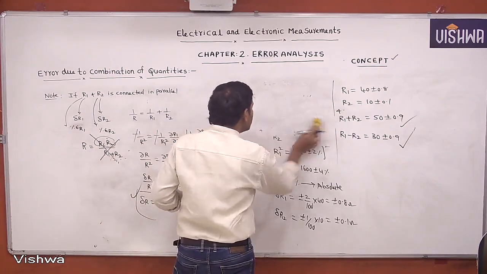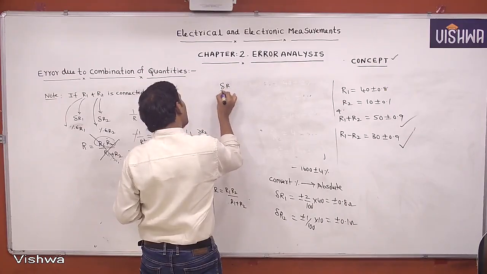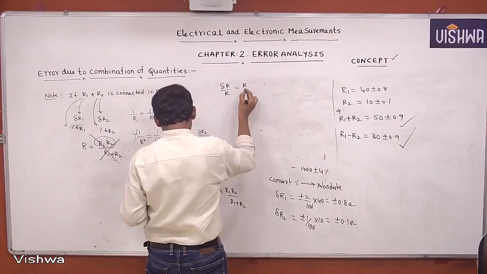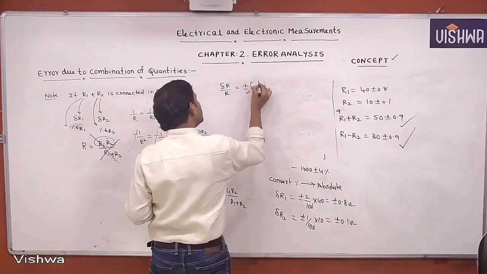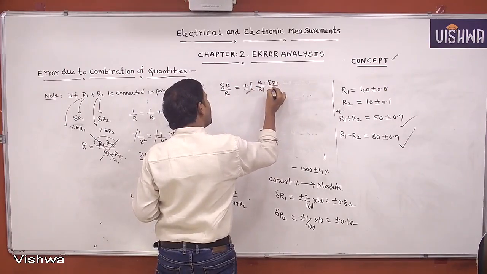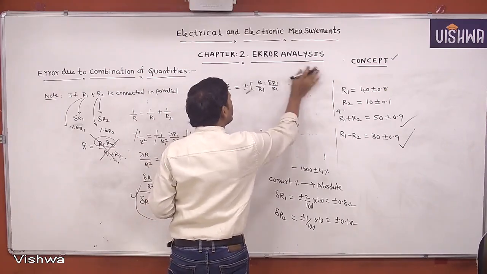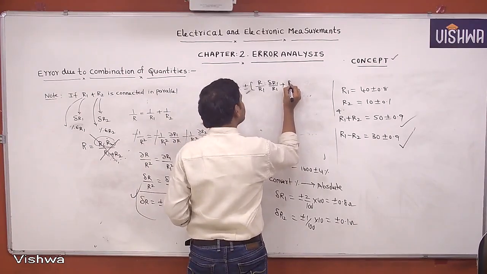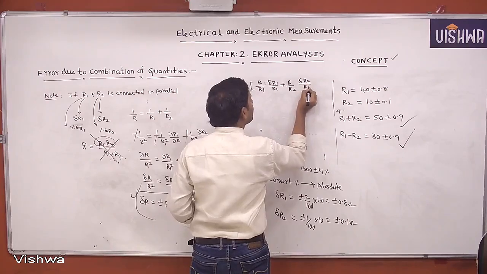Once again if you want to simplify, like this also you can write: delta R by R equal to plus or minus R by R1 into delta R1 by R1, into 100. Still I don't write into 100, next step you write. Shall we write like this, R by R2 into delta R2 by R2.